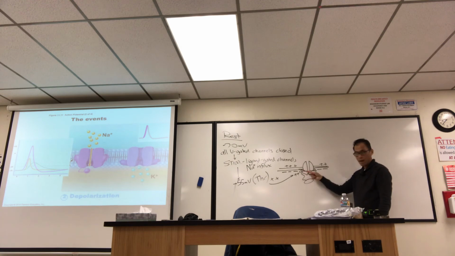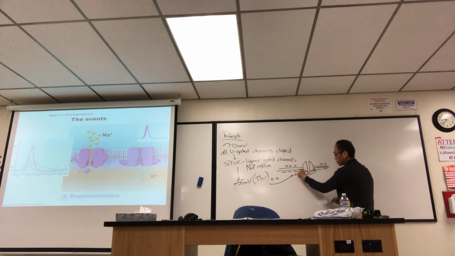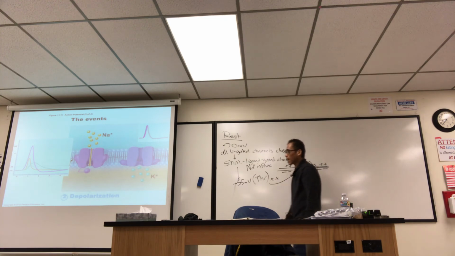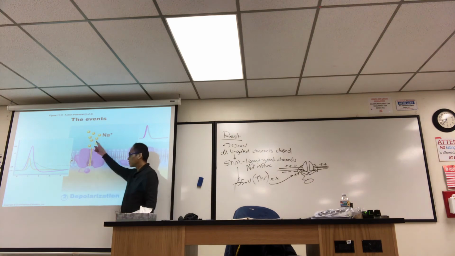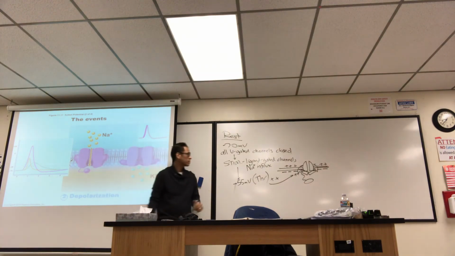Positive charges repel, so that little bit of current, the -55, allows the gate to swing open. That's what's literally happening at the molecular level. That's what's shown there: the gate's open, now you get the sodium influx. So that's depolarization.